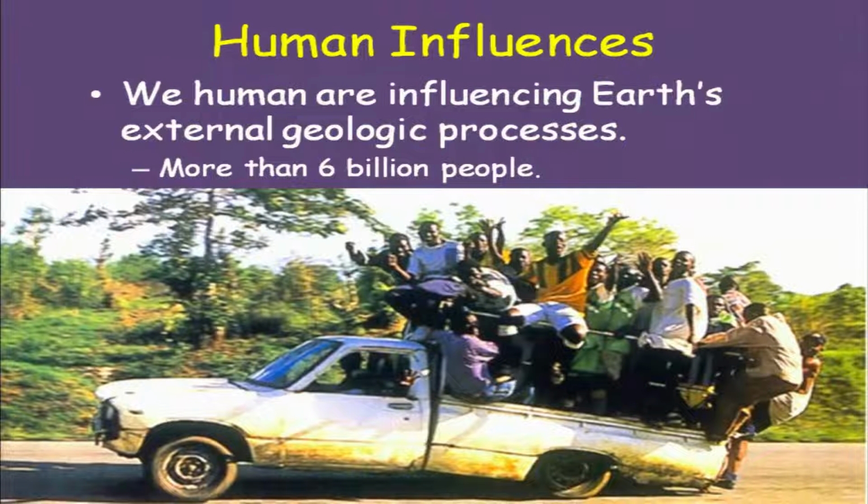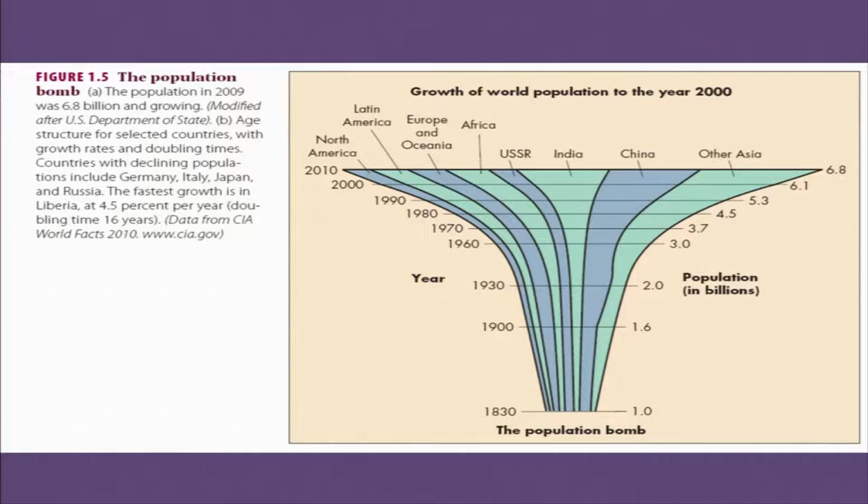Population is tremendously increasing. This chart shows the increase in population over time from 1830 till 2010, but it must have increased more since then. Even for India, you can see it is going very high, and this is the total world population.